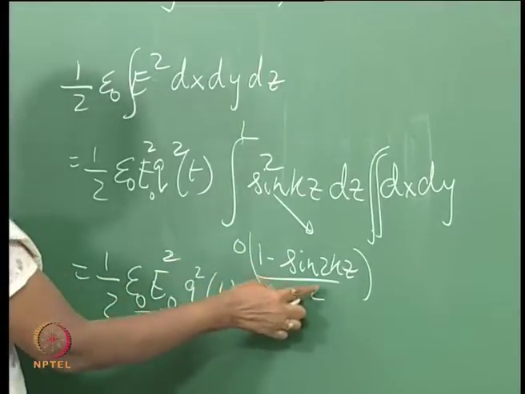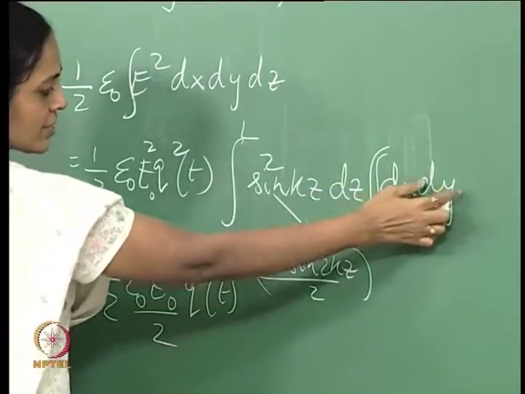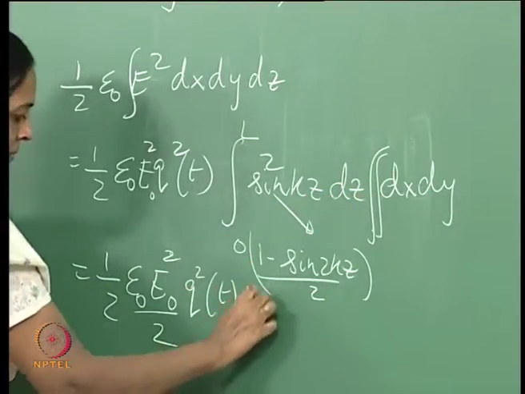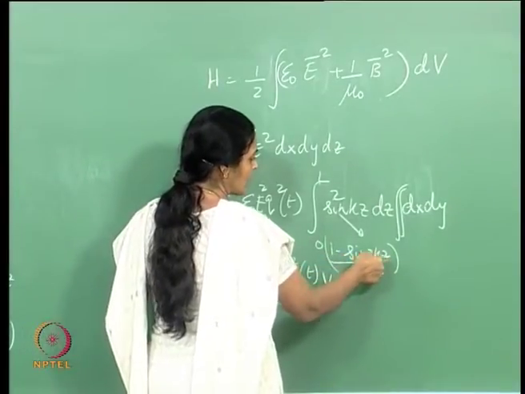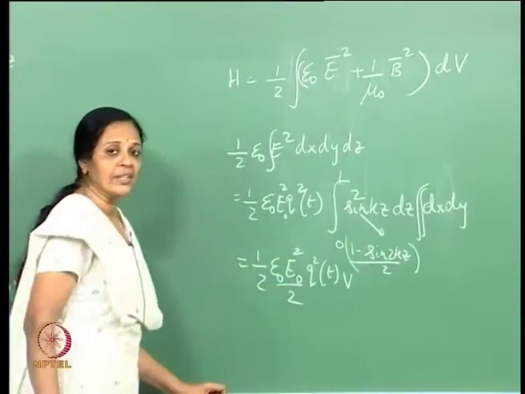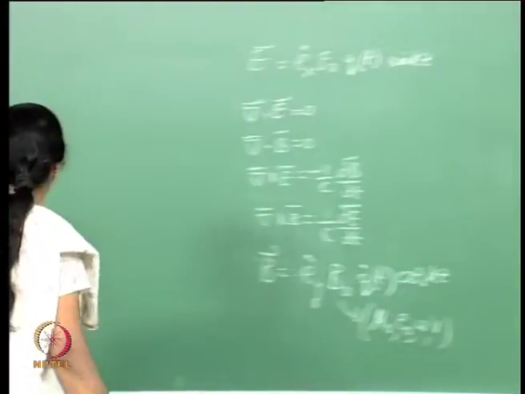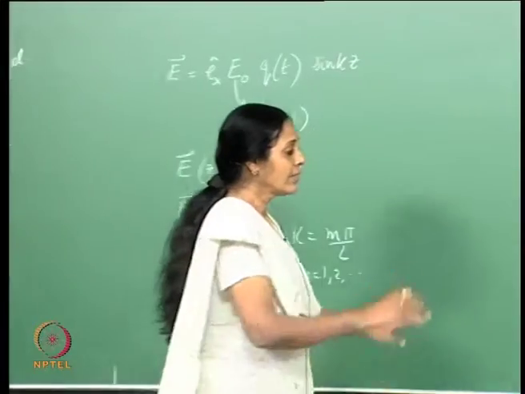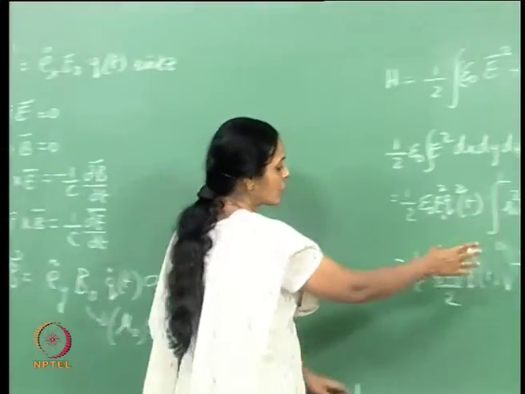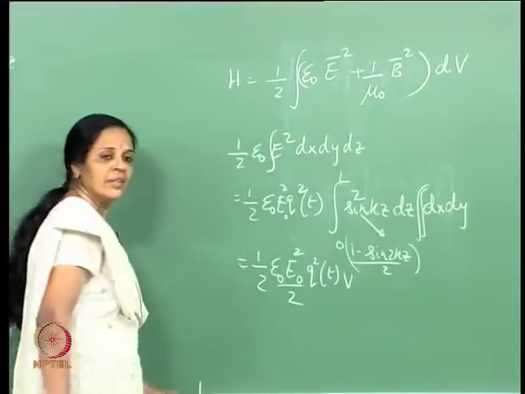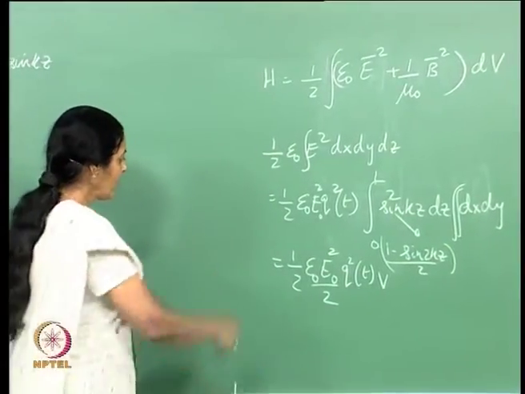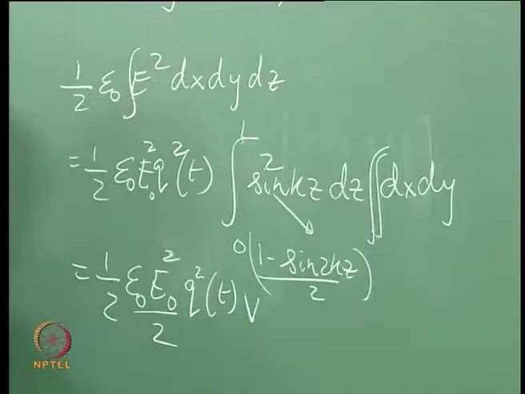There is an integral dz, dx, dy, dz which gives me a V, and then there is an integral of sine 2 kz, and that is between limit 0 and L, but we know that k is pi by L, and therefore it is just cos 2 kz between 0 and L, and that quantity vanishes. So this is all that I have.